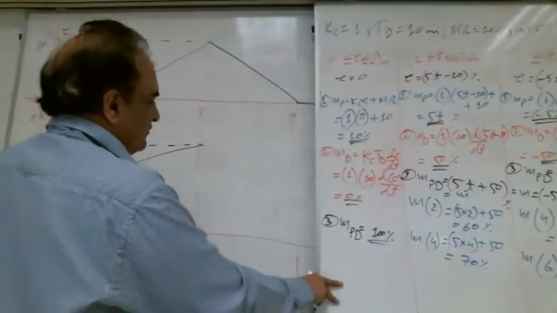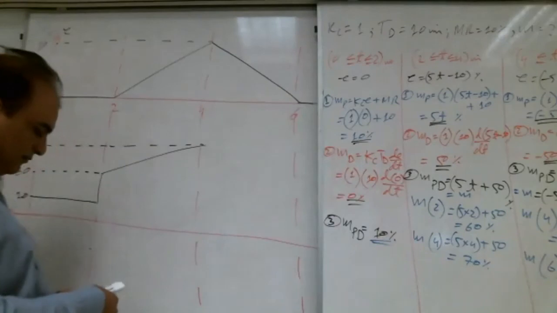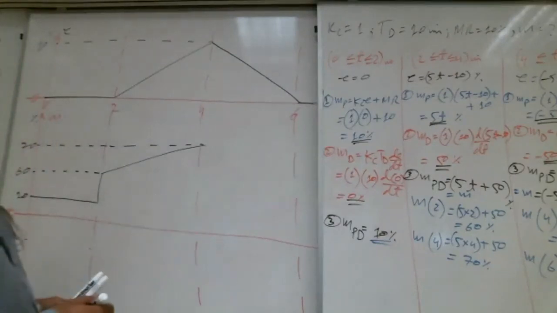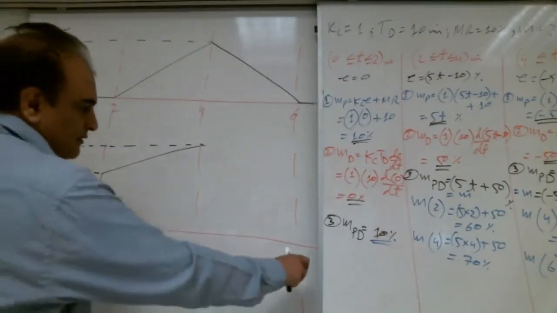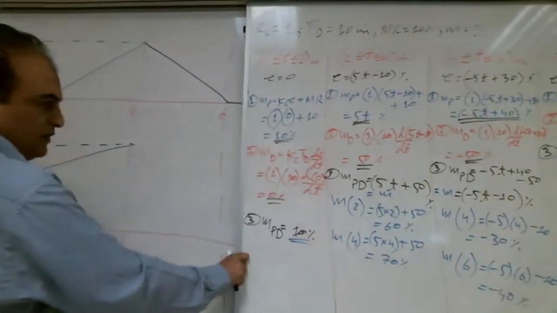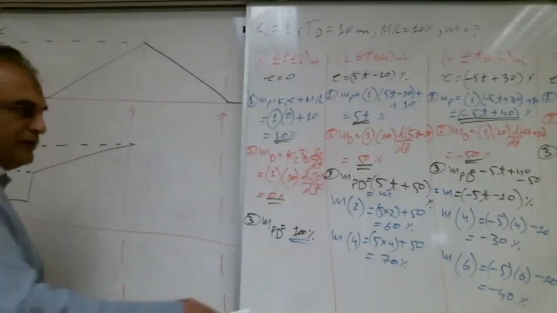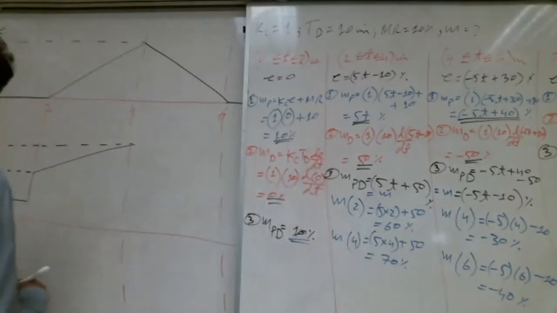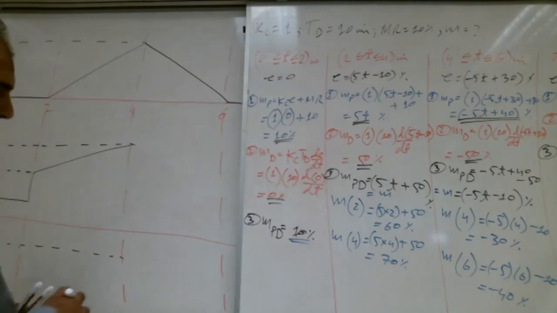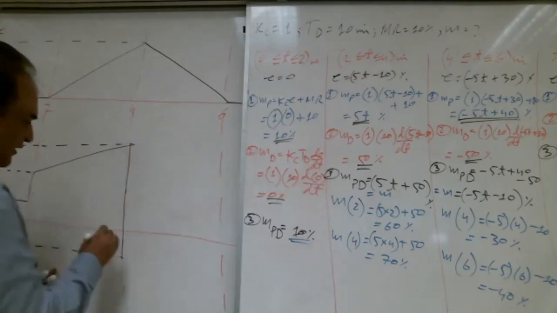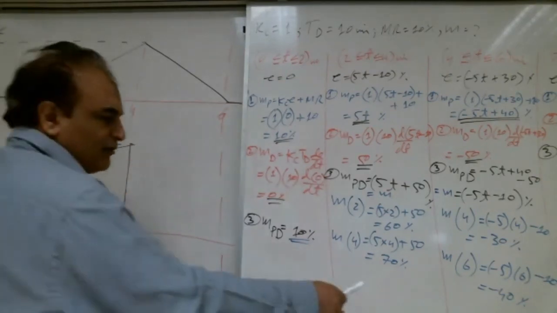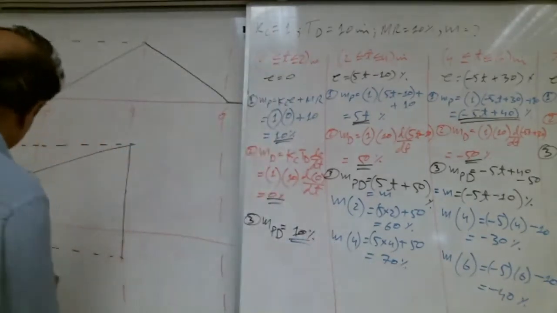Now come here, Shabab. At 4 it is how much? Minus 30. So below 0, somewhere here. Minus 30. Right, Shabab? So it will come down from here to here. And at 6, how much? Minus 40.